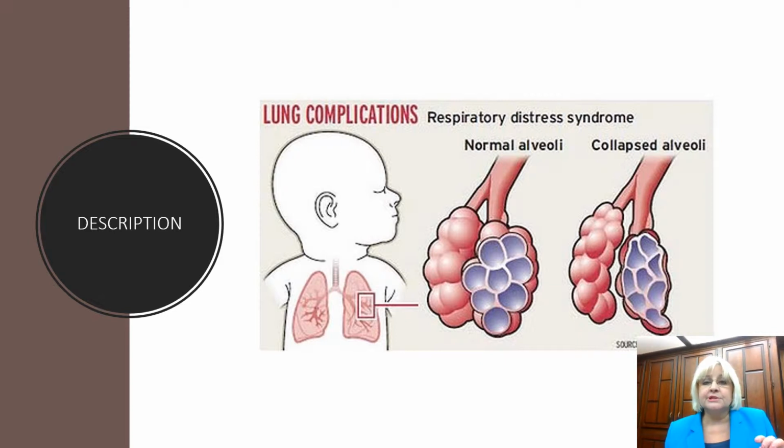We already learned that surfactant prevents this collapse by reducing the surface tension. So this helps to equalize the pressure between the large and the small air sacs. And you can look in the diagram that shows the lung complications for the respiratory distress syndrome of a baby, and you can see the normal on the left and then the collapsed on the right.